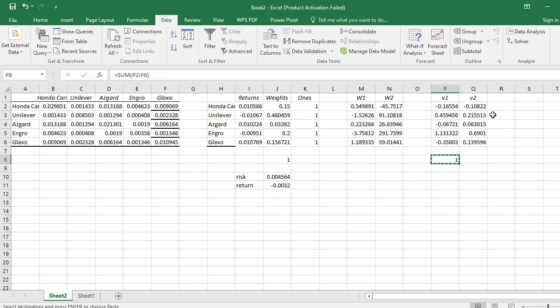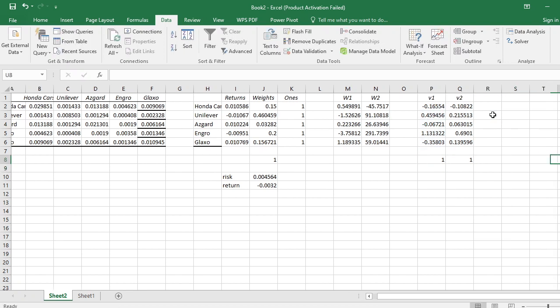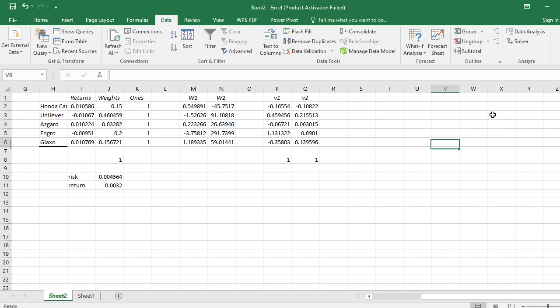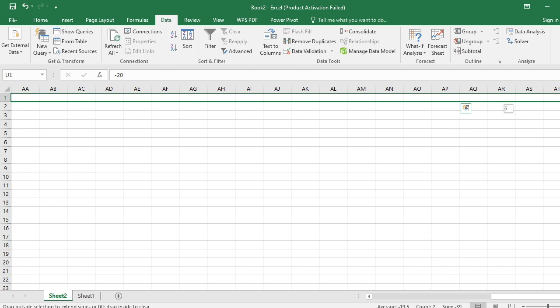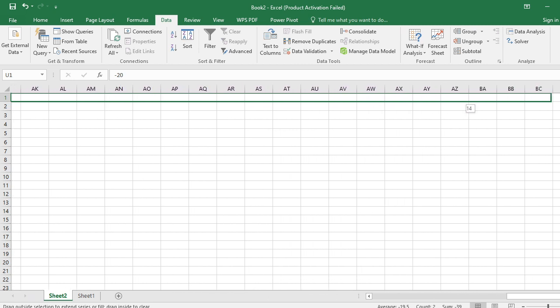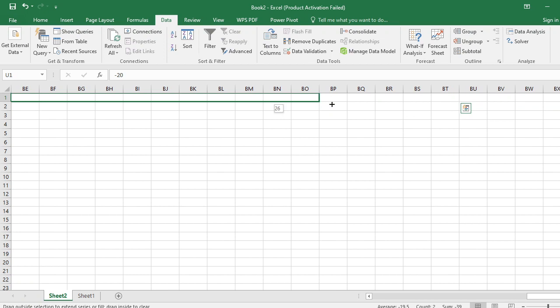Now how many portfolios should we construct? Let's say we can construct 40 portfolios, starting alpha from minus 20, minus 19, gone too far, right?